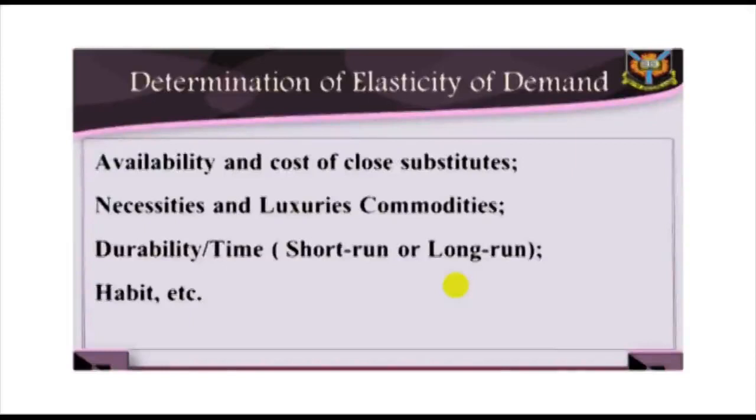Also, while durable goods are price elastic, non-durable goods in most cases are price inelastic. Number 4, habit. Goods such as cigarettes, to which some people are strongly addicted, usually have inelastic demand. Changes in price might not bring about a change in demand.